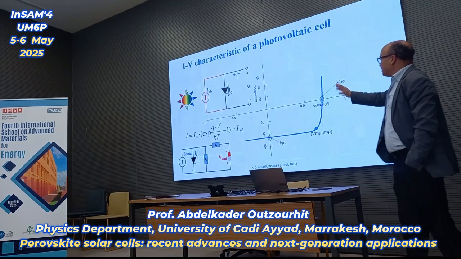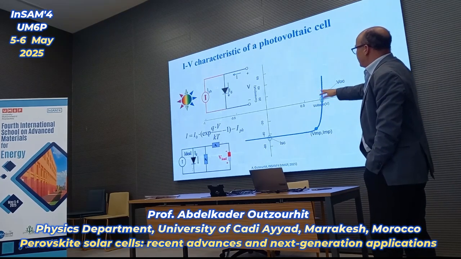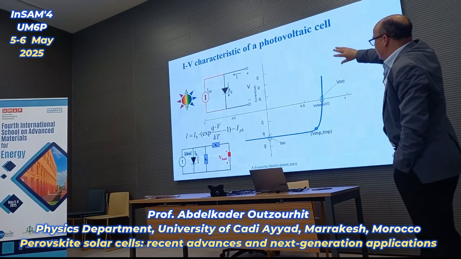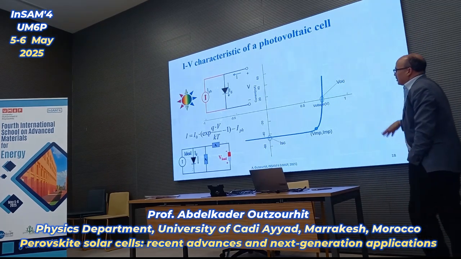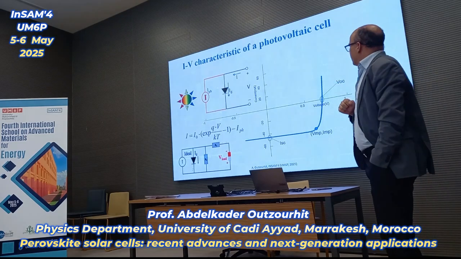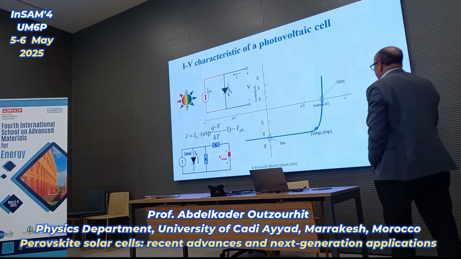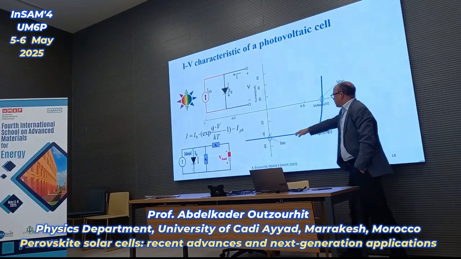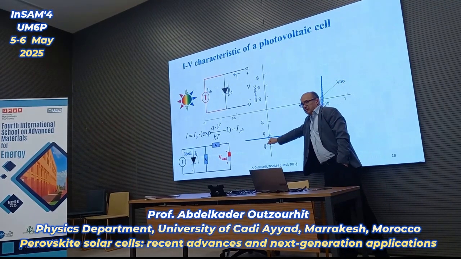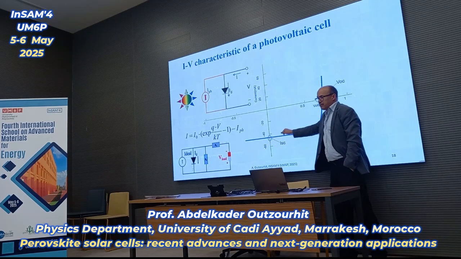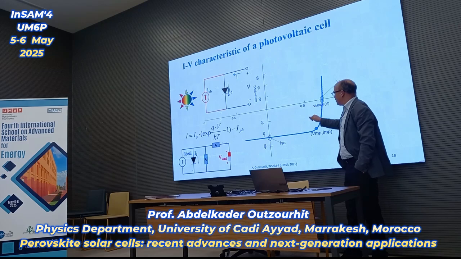It depends on what convention you use, either the generator or the receptor convention, so you can multiply this by minus one and just shift the curve upward. So this is basically the response of a solar cell when you shine light on it, and you have what we call characteristic parameters of the solar cell: the short circuit current, the open circuit voltage, and the voltage at the maximum power point.